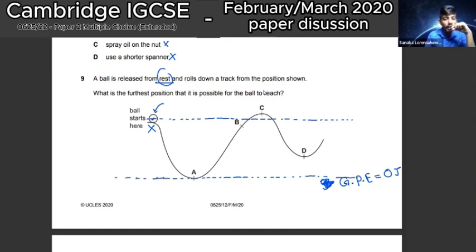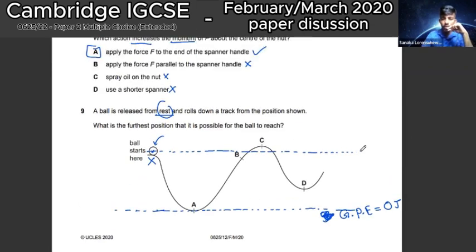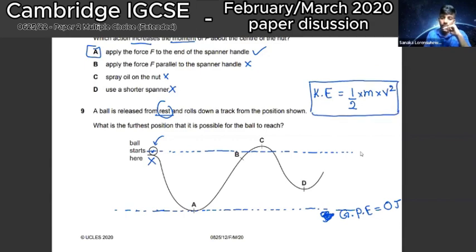Then how do we get the kinetic energy equation? You must remember. Kinetic energy is half times mass times velocity squared, half mv squared. This equation does not help this question, but it is our knowledge.